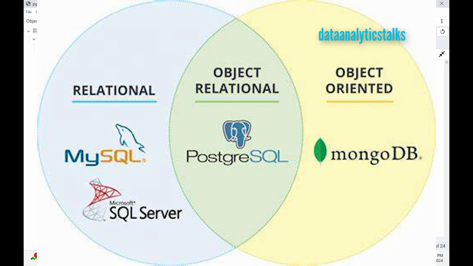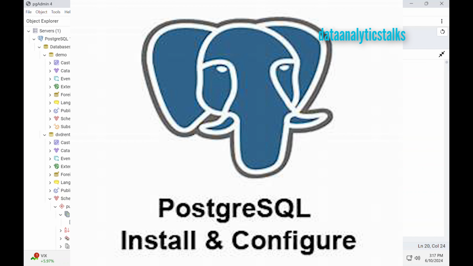The object could be documents, images, audios, videos, or tabular format data. So any type of data can be stored and managed in this kind of database. And PostgreSQL is the most popular open source object relational database.